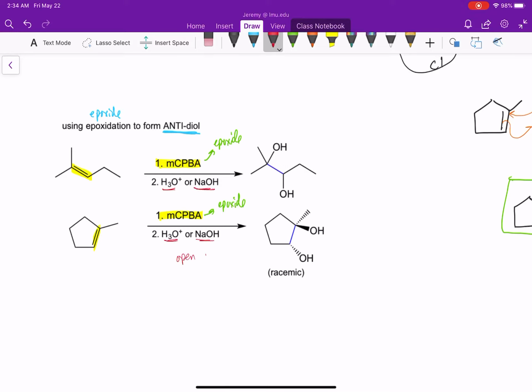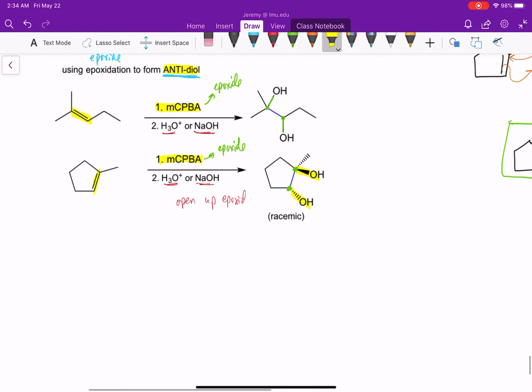When you form two stereocenters, you want to show the stereochemistry. In the top example, we're not forming two stereocenters, so we don't have to show the stereochemistry. But in the bottom example, we have formed two stereocenters, so it's important to show that the two OHs are anti to each other. We're making an anti-1,2-diol.